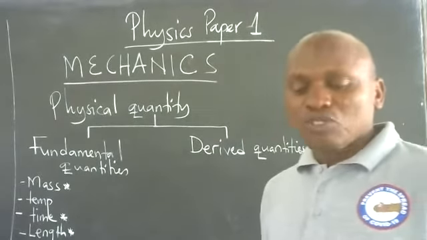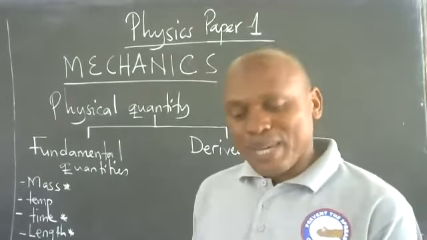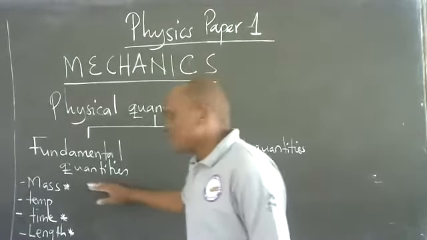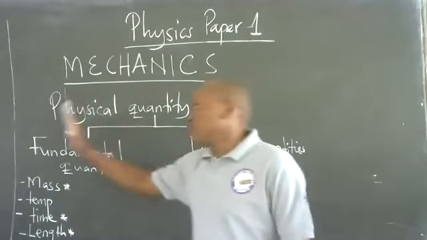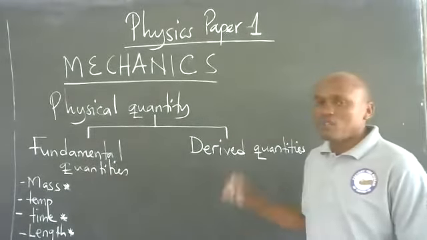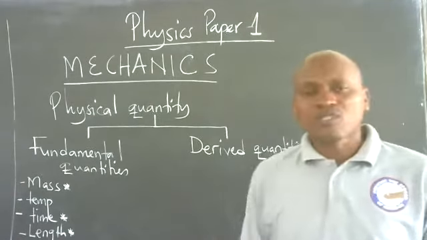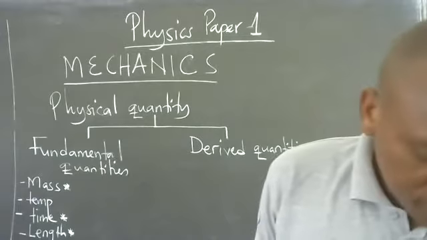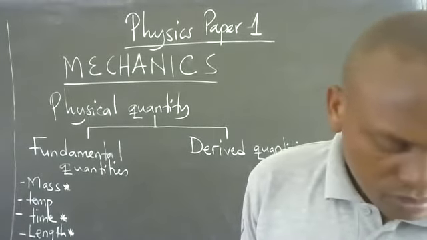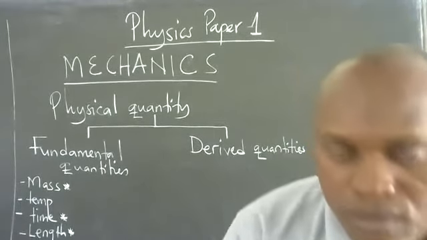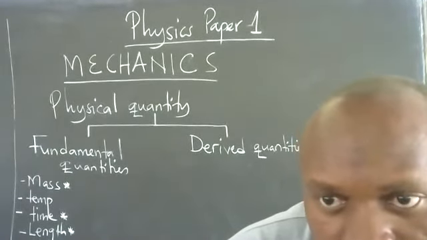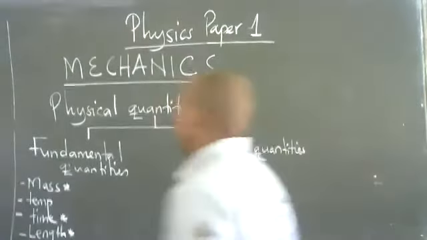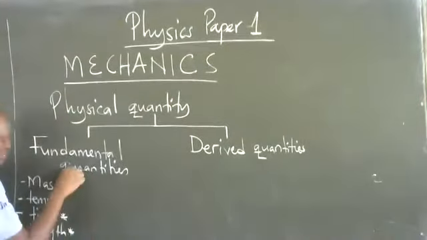Now, I want somebody to define for us what fundamental quantities are. Because when you define fundamental quantities, then the opposite would be the definition for derived quantities. Who can try to remember? Fundamental quantities are quantities that cannot be got from others.